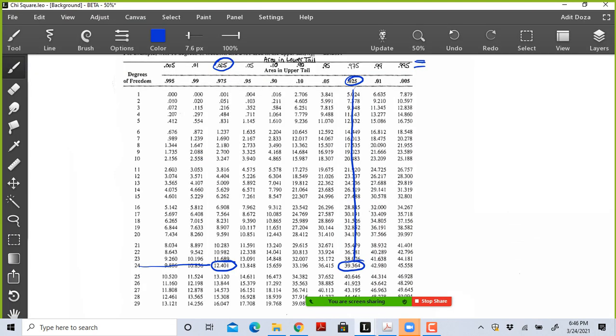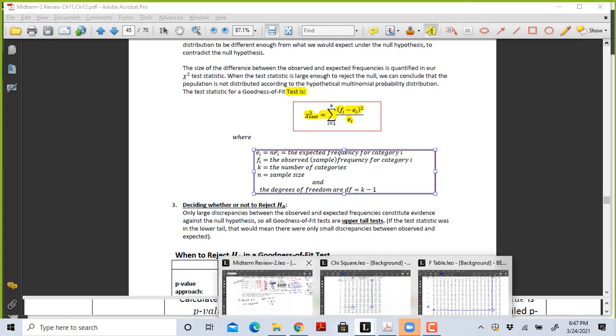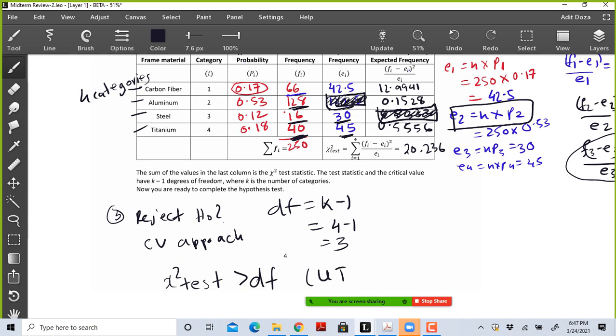Will it be an upper tail or lower tail? Upper tail. Why will it be an upper tail? There is a condition: if the chi-square test statistic is greater than the degree of freedom, it should be in the upper tail.